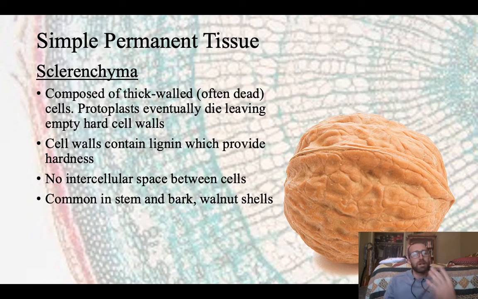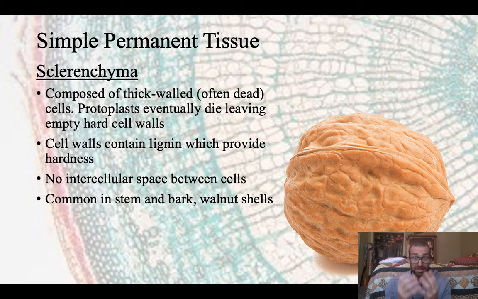Now, another simple permanent tissue is this sclerenchyma tissue. Now, this is much more specialized for providing structure, right? So our sclerenchyma tissue is composed of these thick-walled cells, and in these cells, those protoplasts eventually die.